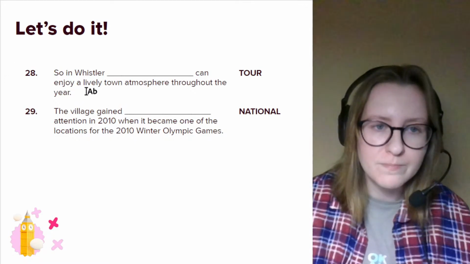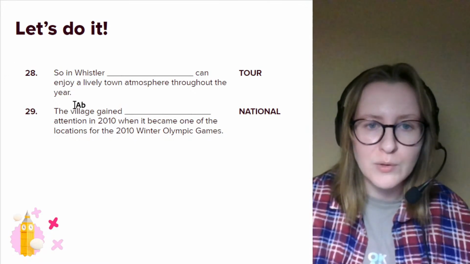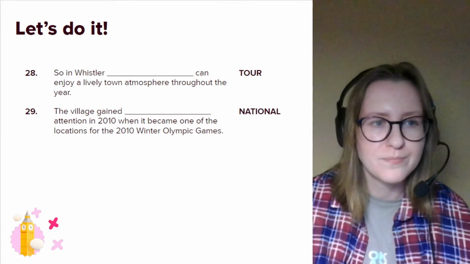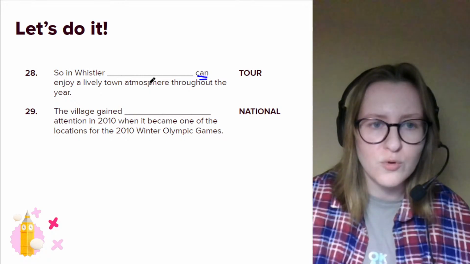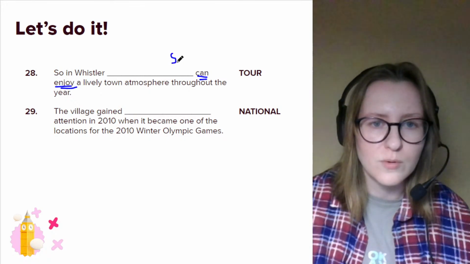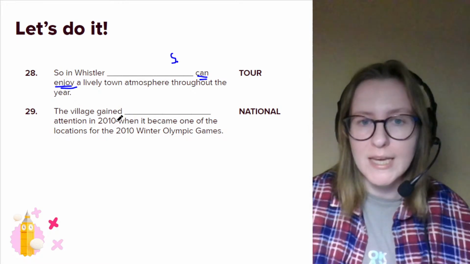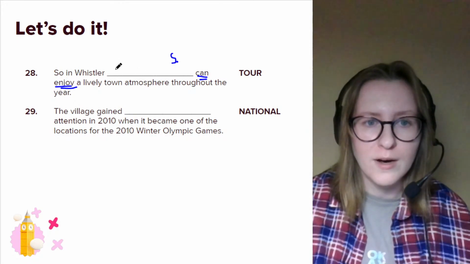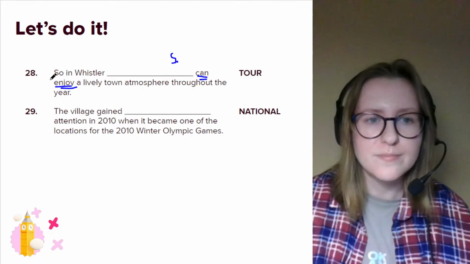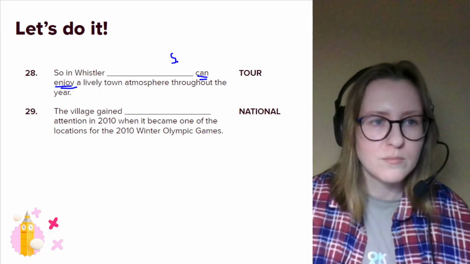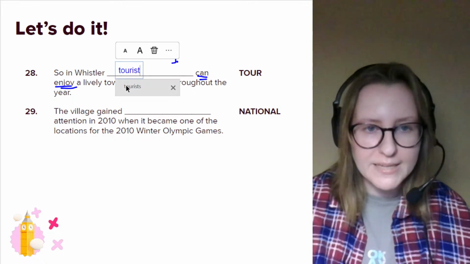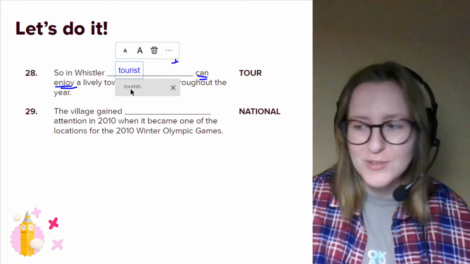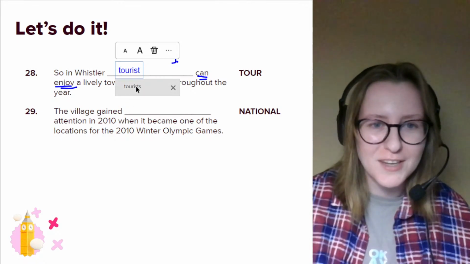The next part, same text. So, in Whistler, can enjoy a lively town atmosphere throughout the year. Okay, we have can enjoy as a predicate, but we don't have a subject, right? So we need a noun for our gap as a subject. So in Whistler, tourist, but, right, my computer is smarter than us again, right?